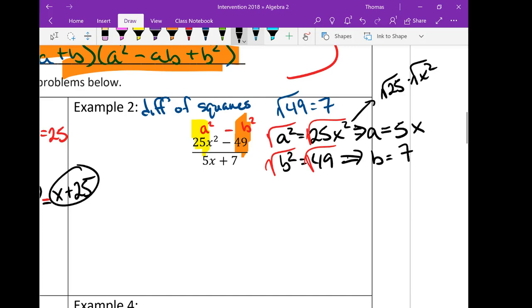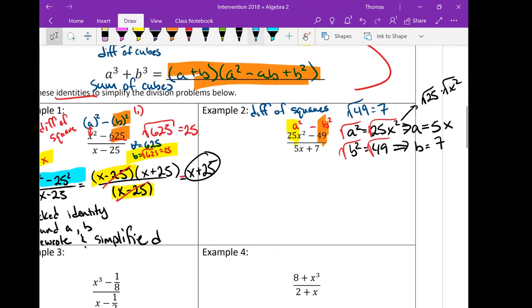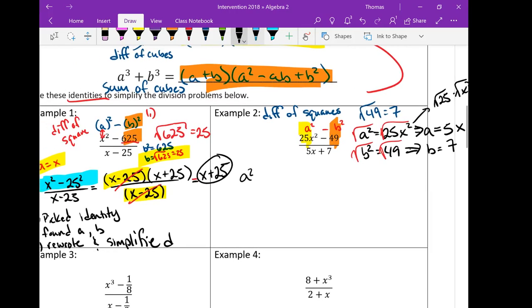So we picked which identity we want to use. We matched up our terms. We figured out what our a and b are. Now we just have to plug it in and rewrite it. So I'm going to write out, again, our identity, a squared minus b squared equals a minus b times a plus b.